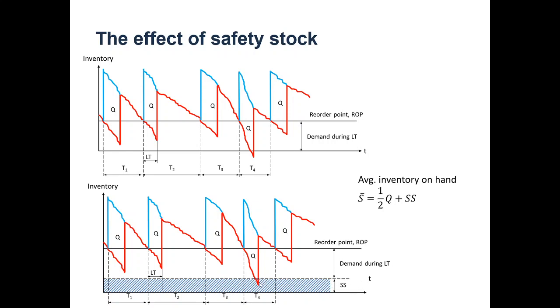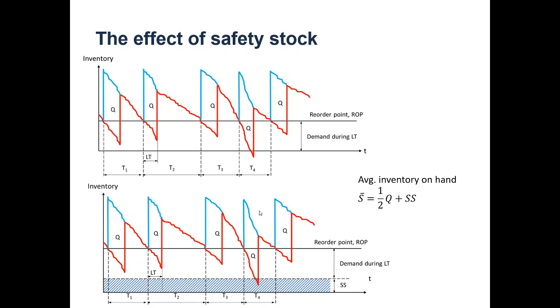Sometimes we will have a little bit less than the safety stock, other times a little bit more. So the impact in terms of inventory is that the average inventory is half the lot size plus the safety stock. So the larger the safety stock, the more expensive our policy will be, but in exchange, the less likely will be the possibility of having stockouts.